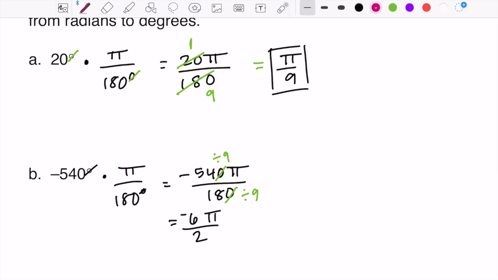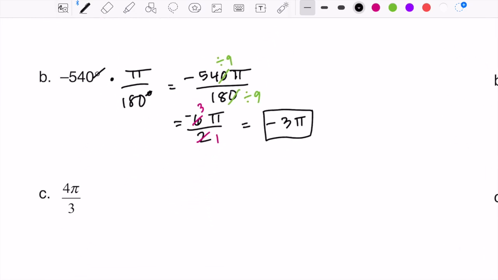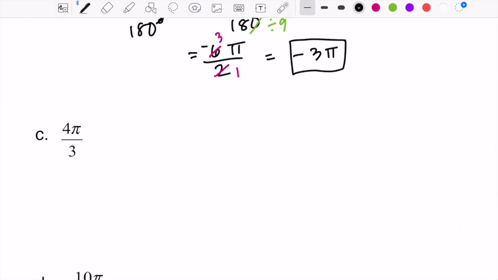And then that's when I see that I can still continue to reduce. So 2 goes into 2 once, and 2 goes into negative 6 negative 3 times. So my answer is going to be negative 3 pi. So these are just conversions, but it's so much easier if you just know those.